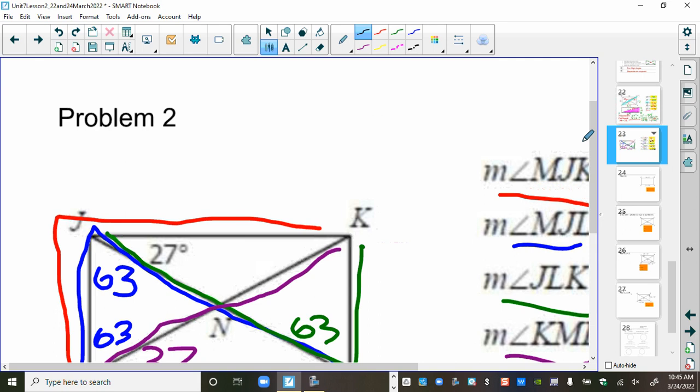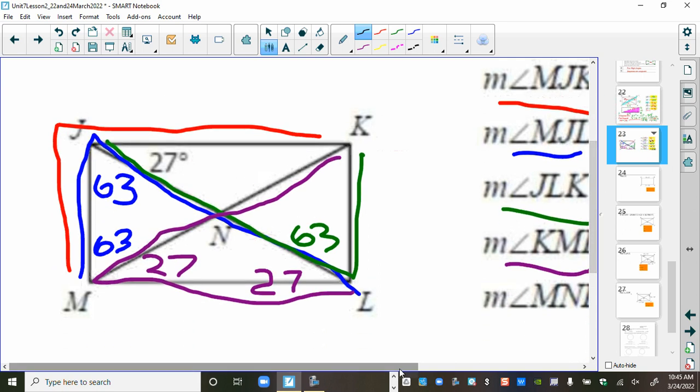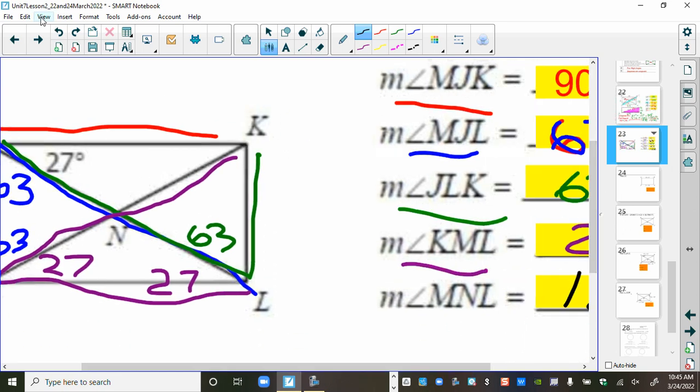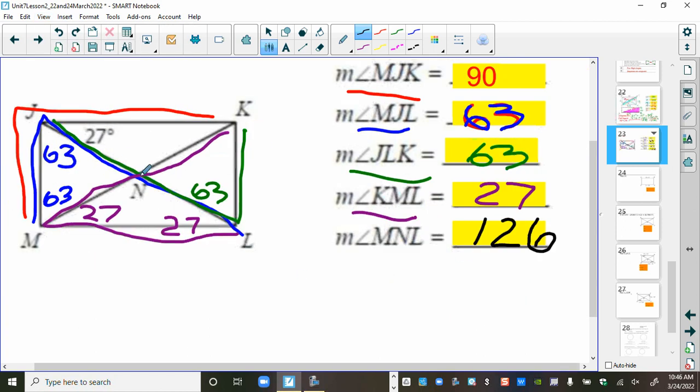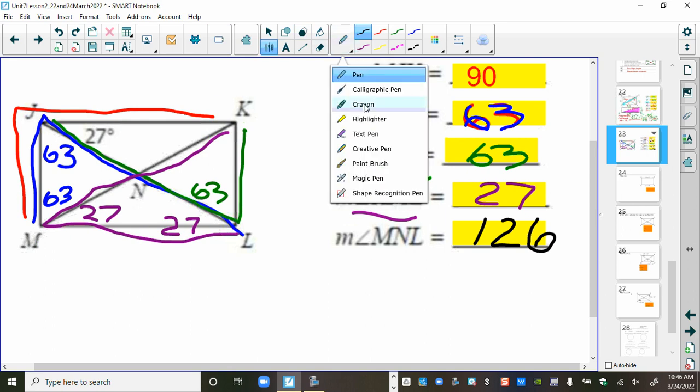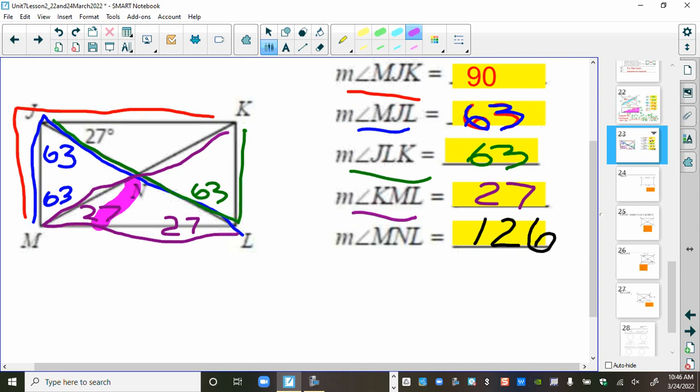Make this a little bigger. Zoom out a little. All right. What happened, how Des got the 126 was the following. She took this small triangle right here. I'm going to highlight it. M and L.